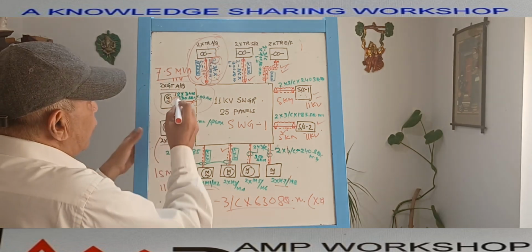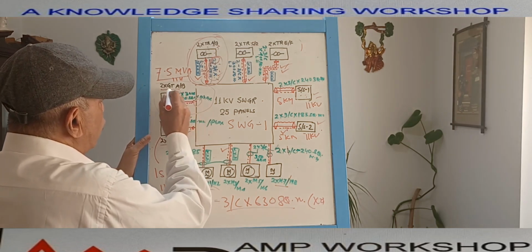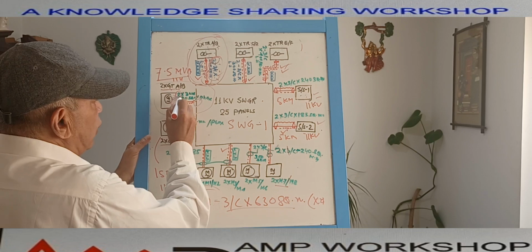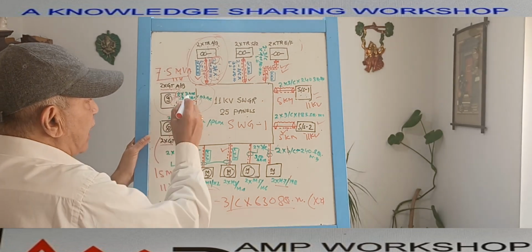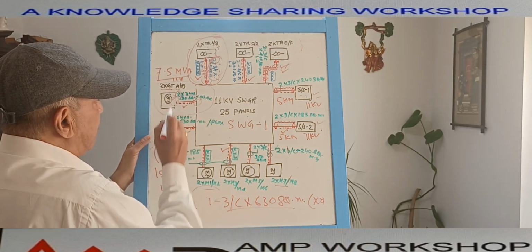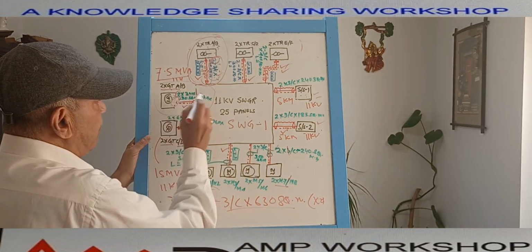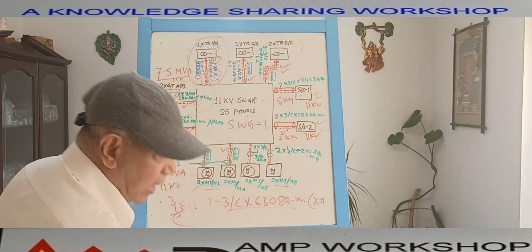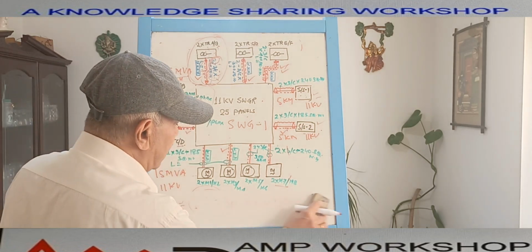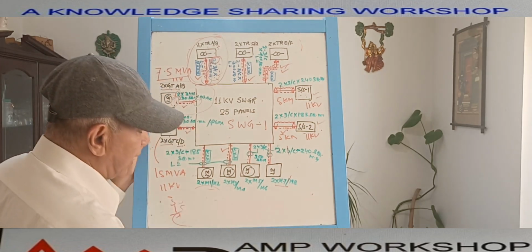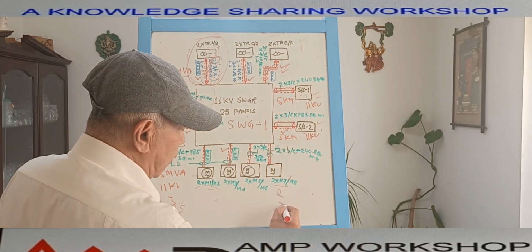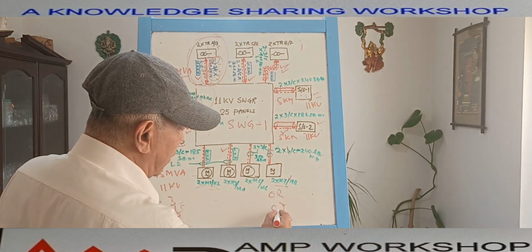There are two generators, that's how we have put these two. How is each generator connected? We have written 3 numbers, 630 square millimeter cable per phase. The generator is 3 phase, red, yellow, blue. Suppose these are the terminals.